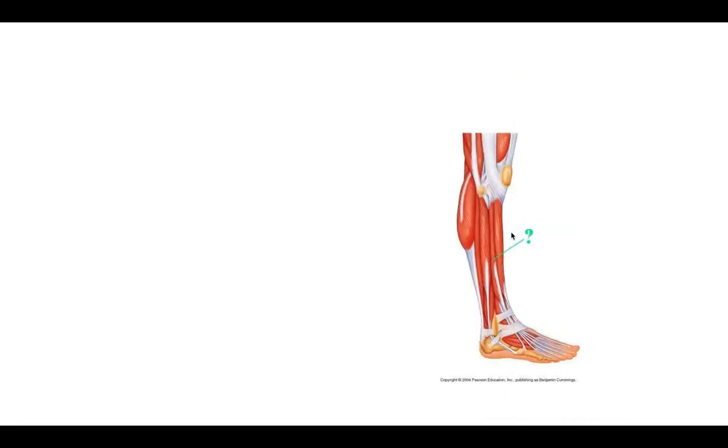Now the next muscle, if we look at the leg from a side view, here's our tibialis, the one that we just saw, most superficial. If we go a muscle deeper, we see this skinny little muscle that comes all the way down and ends in white connective tissue, tendons out into our toes. This is called your extensor digitorum longus.